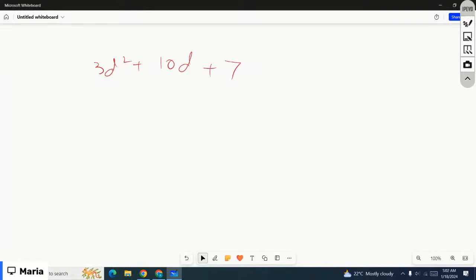If we compare this equation to the general form of the equation, ax square plus bx plus c, a is 3, b is 10, and c is 7, right?